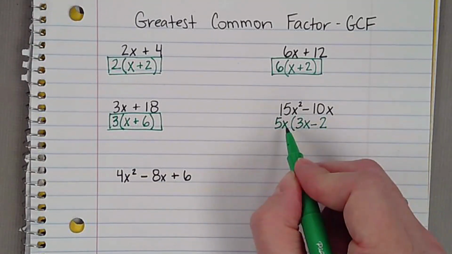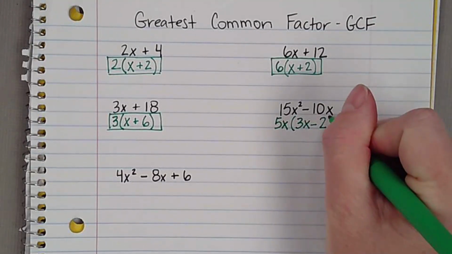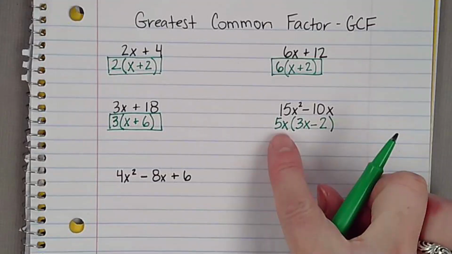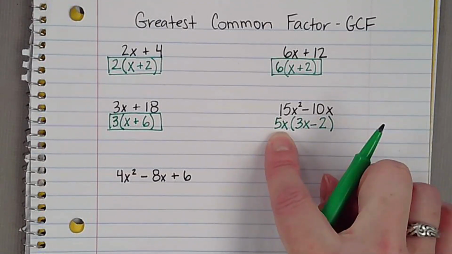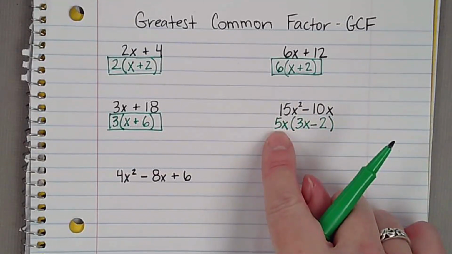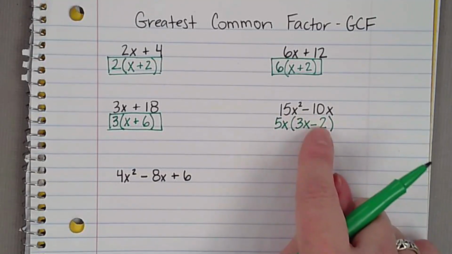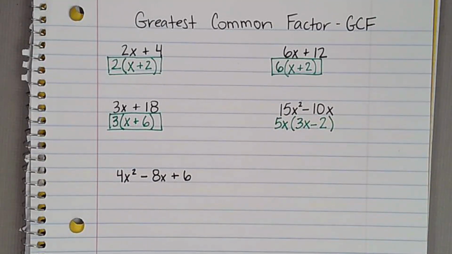And if I had an x divided by an x, it would cancel and make a number 1. And so if I had 5x as my greatest common factor, I would have a 3x minus 2 left. 5x times 3x makes 15x squared. 5x times negative 2 makes negative 10x.